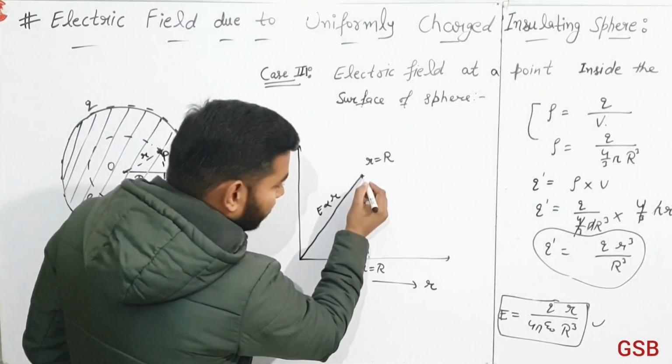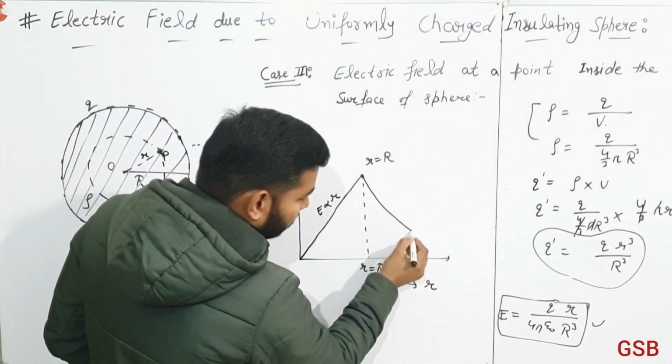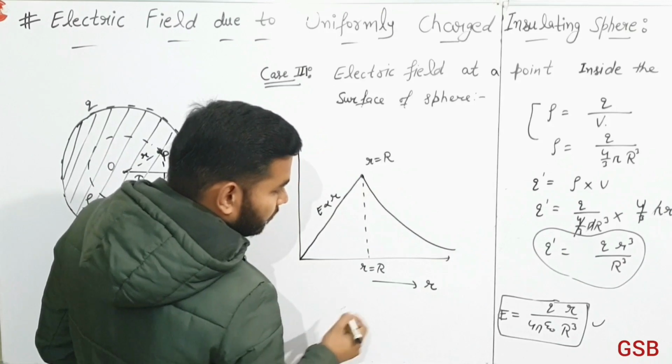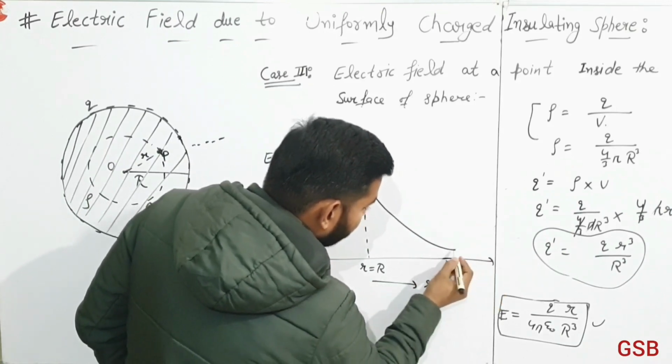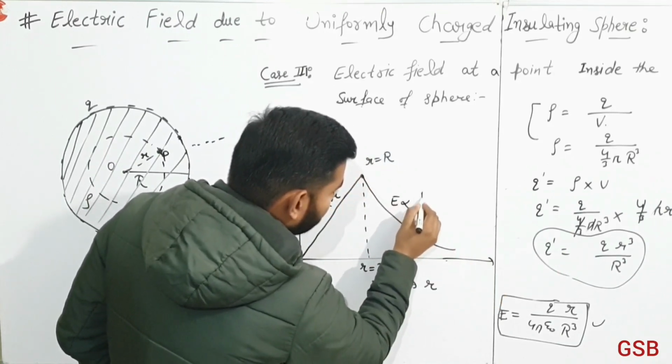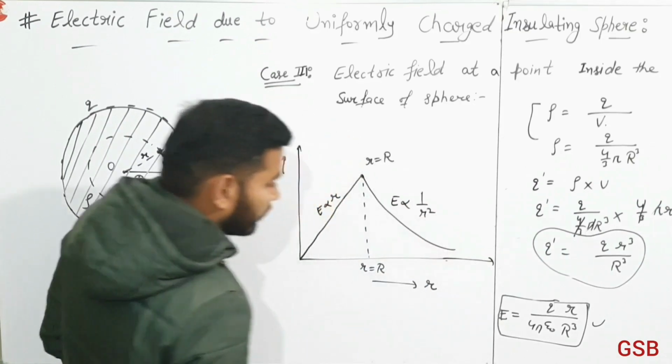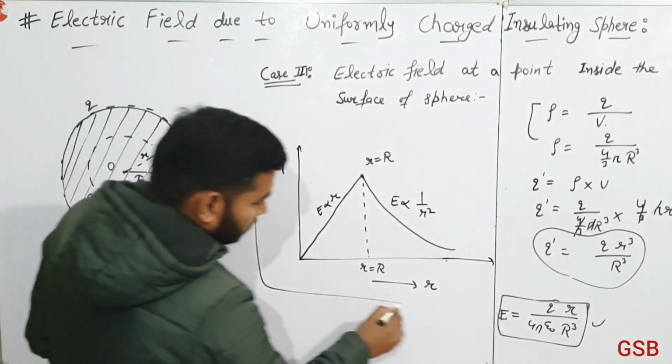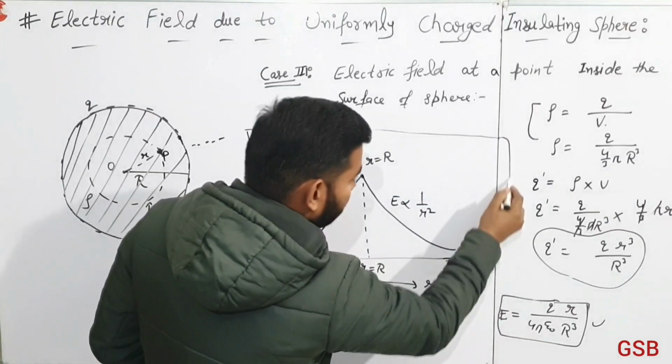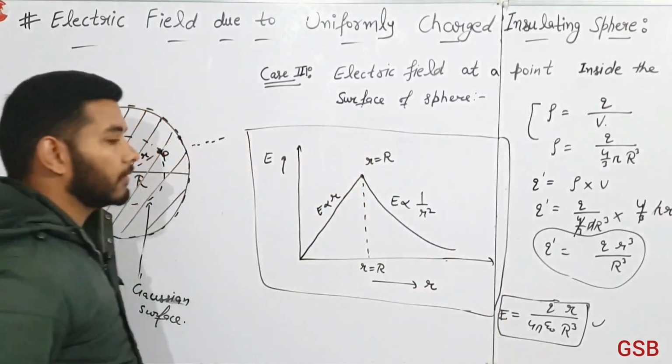In this case the electric field decreases, which shows E is inversely proportional to r square. This is the factor on which the electric field depends.